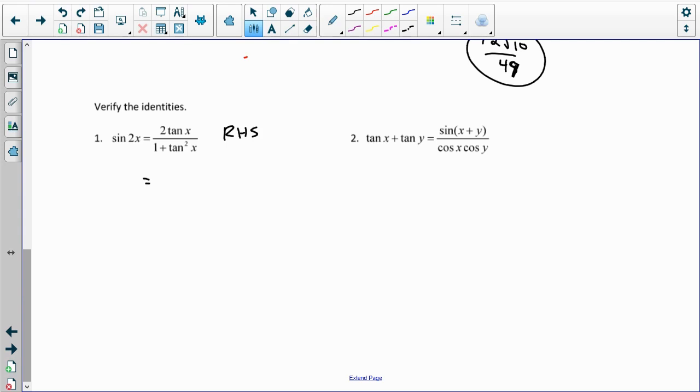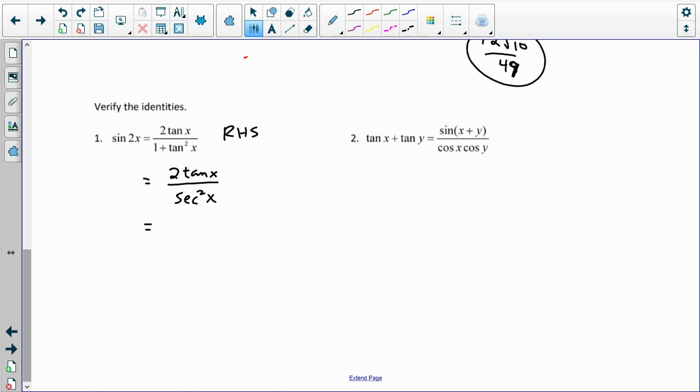So 2 tangent x divided by, well, if I look at this, 1 plus tangent squared, I know that's an identity, and that identity is secant squared. So now I have secant squared in the denominator.